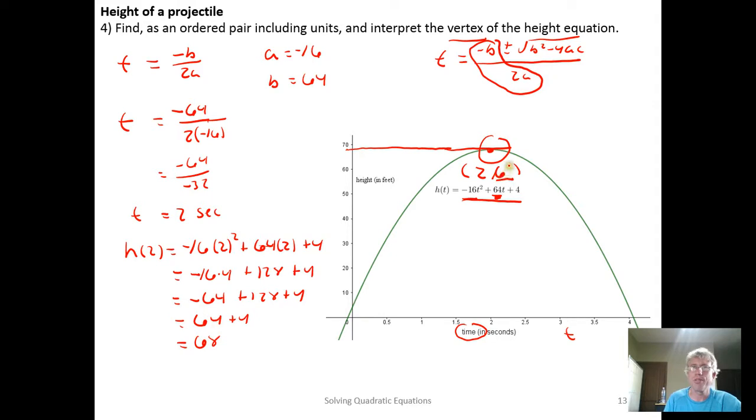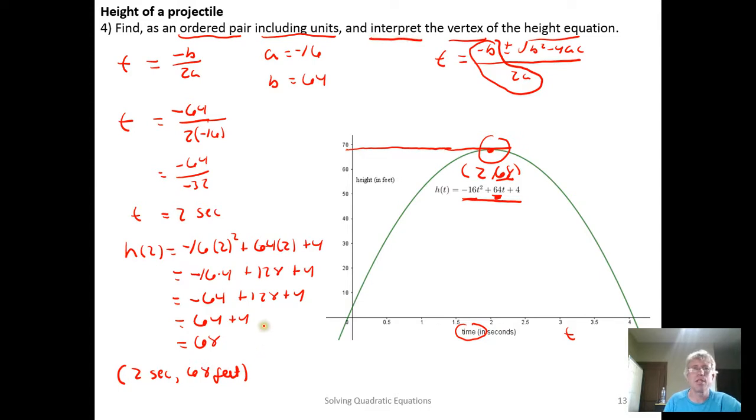So the other ordered pair is 68, but we are supposed to find it as an ordered pair including units. So if we're including units, we're saying 2 seconds into the flight the ball was at a height of 68 feet, and then it says interpret that.